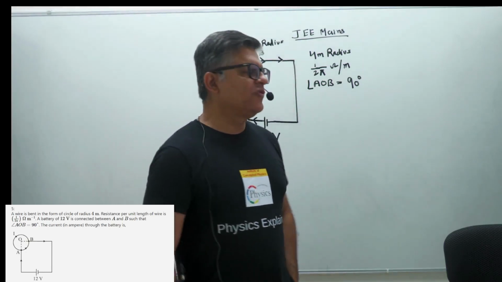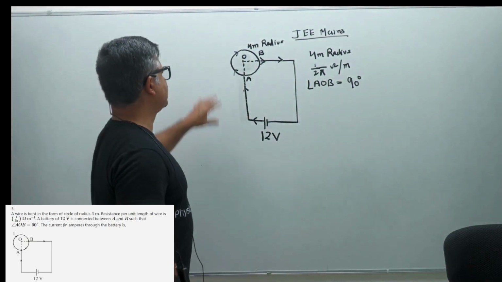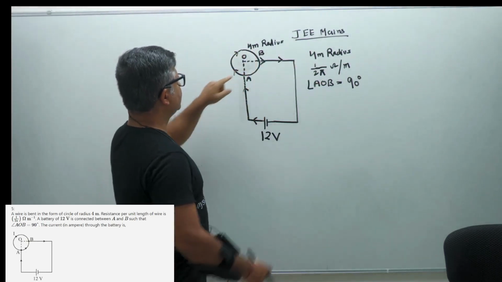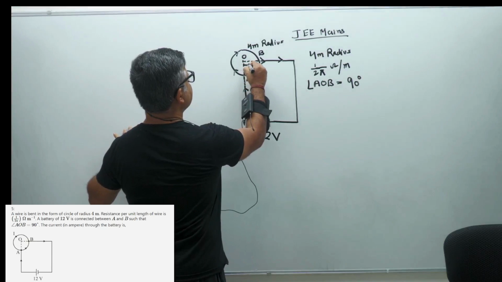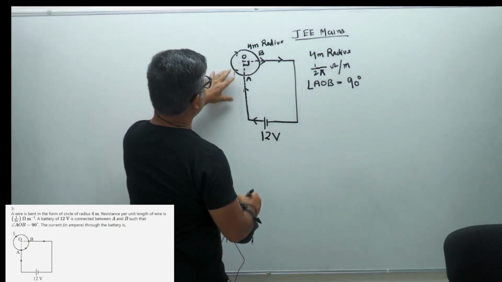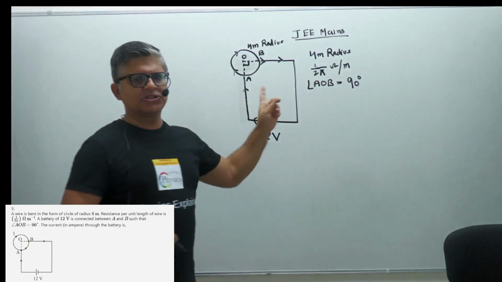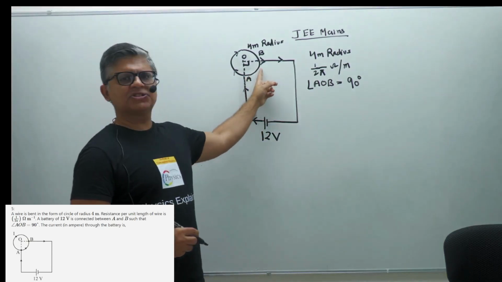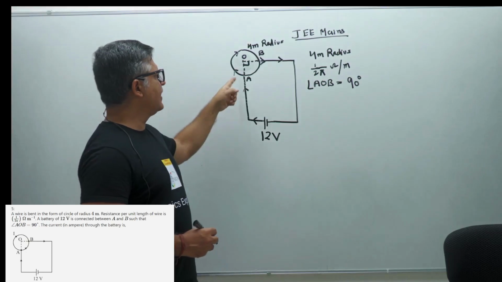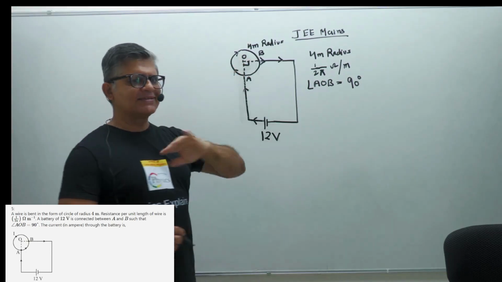Now if you see the circuit, the wire essentially is the resistance. This angle is 90 degrees. The way I look at the circuit is that the smaller arc is one radius, and the bigger arc is the other.